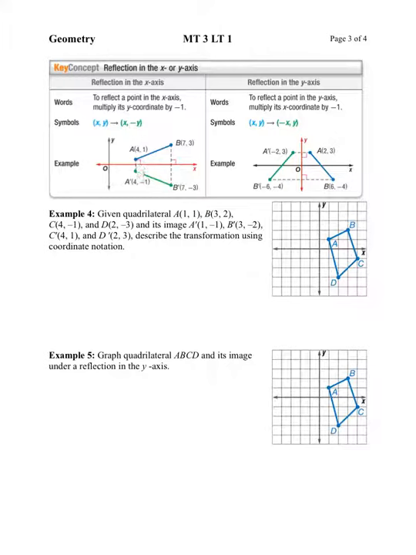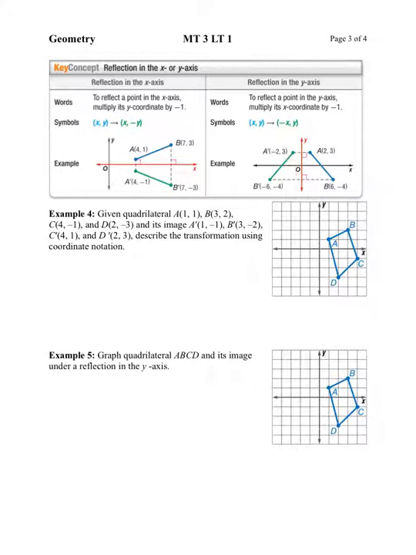So in this case, I moved it down 1, but my y just becomes opposite. I said that wrong. When you reflect it over the y-axis, your points become the opposite, so x becomes opposite.